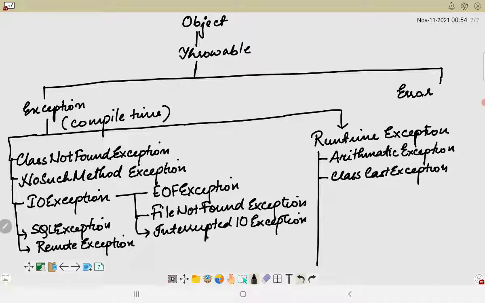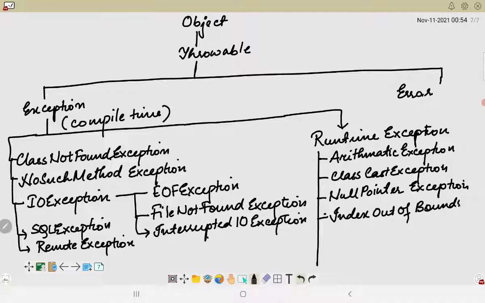Then we have null pointer exception. Then we have index out of bounds exception. Then we have illegal argument exception.